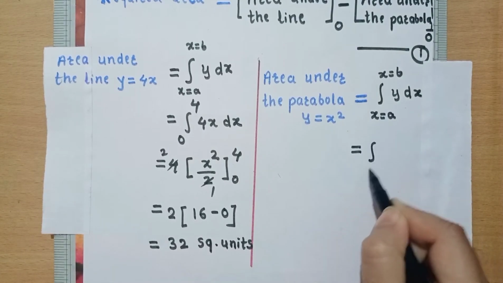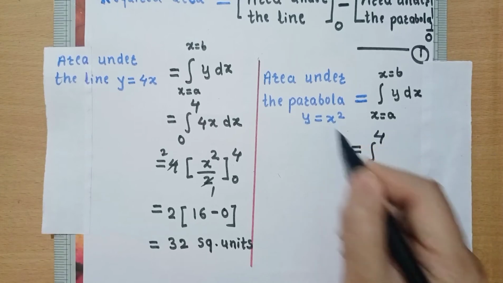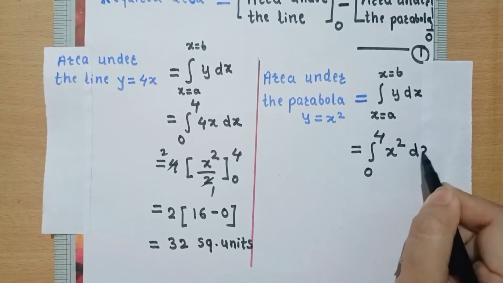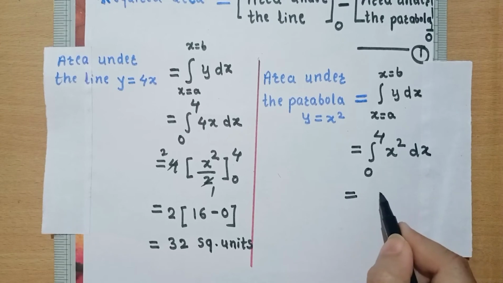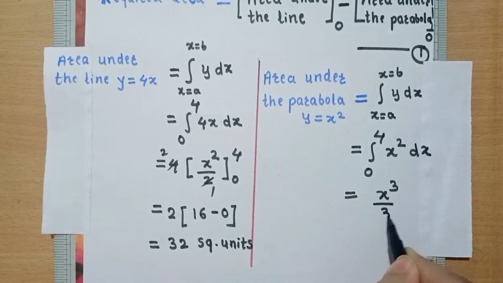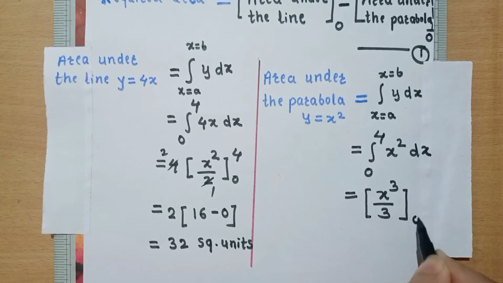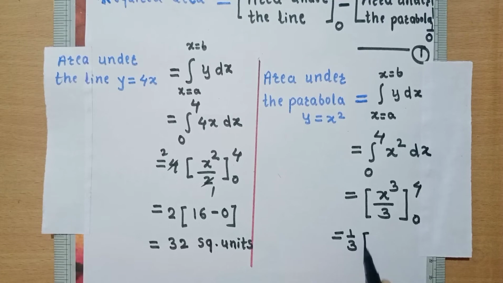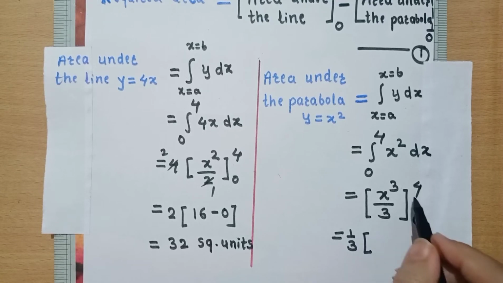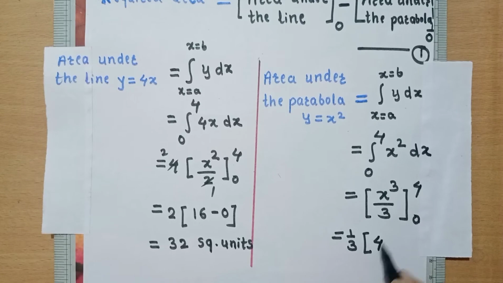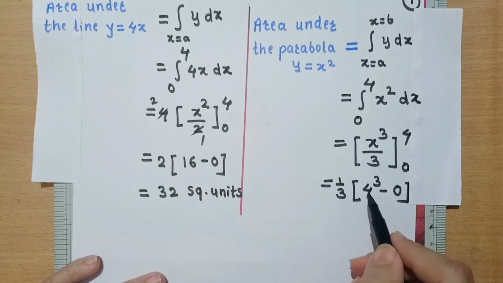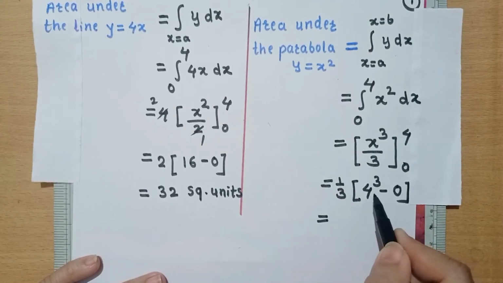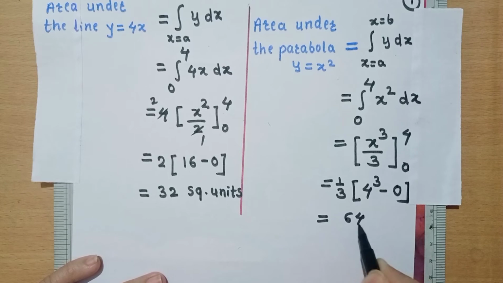Now substitute values 0 to 4, and y is this x square dx, and again integration of x square is x cube upon 3, and limits from 0 to 4, and take this 3 constant outside, so 1 upon 3, and here we will write first substitute upper limit, so 4 cube minus 0 cube is 0, and its answer is 4 4s are 16, 16 4s are 64 upon 3 square units.